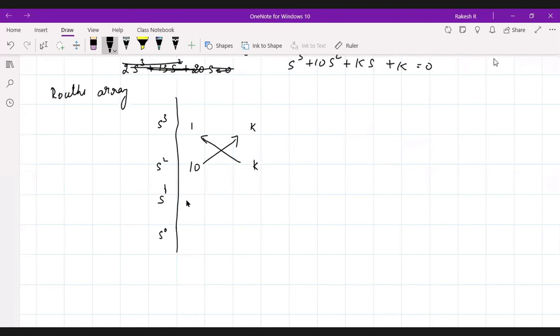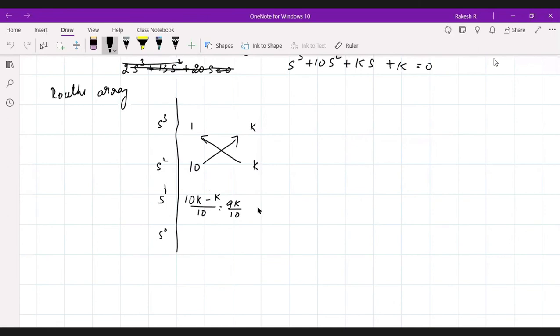So this becomes 10 into k, sorry, 9k divided by 10. Is this correct? Just check. Yes, sir. 9k divided by 10 here.